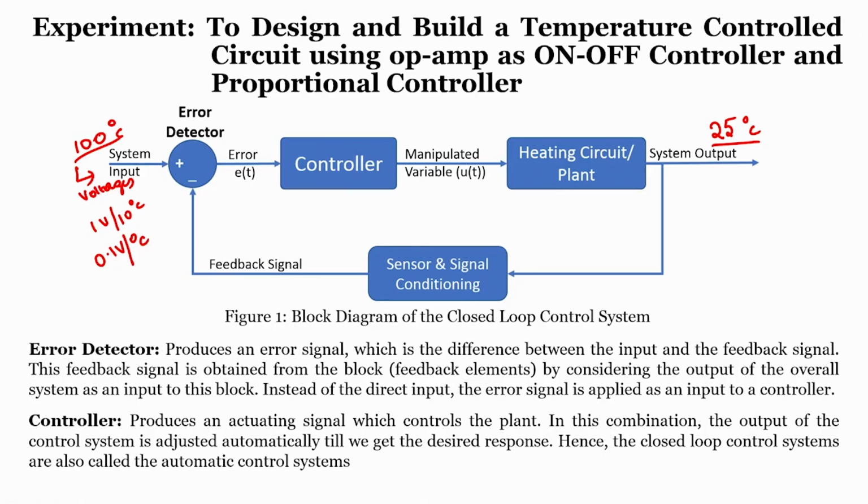Meaning when you give the input as 1 volt, I am telling my system to maintain 10 degrees centigrade. When I give the input as 5 volts, I am saying the set point of the system is around 50 degrees. When I give input as 10 volts, that means the system set point is 100 degrees, right.